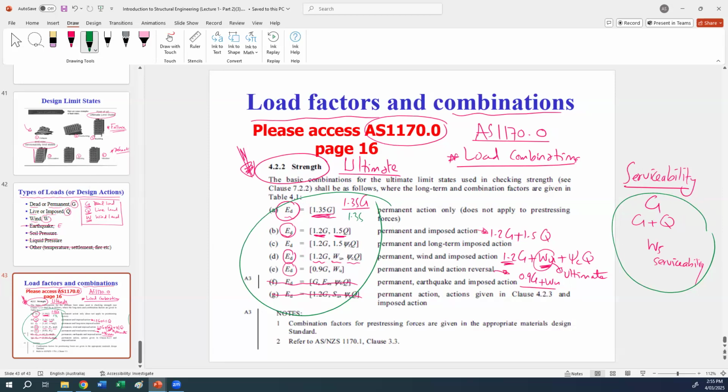What is the final bit? It is psi. This factor is called psi. Psi is a factor we will be using in this combination. We will explain it in the coming lecture.